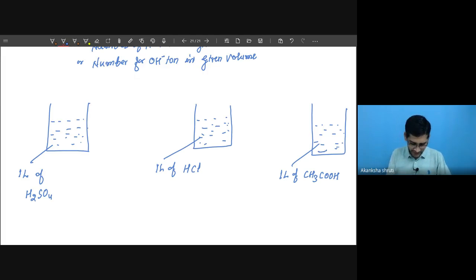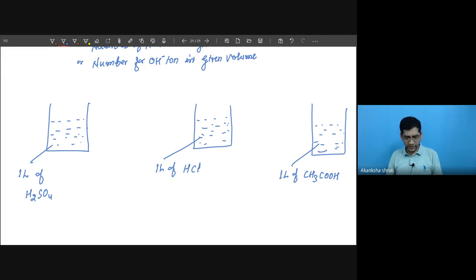Then you will observe that while this H2SO4 is kept, it can give a certain number of hydrogen ions. This ionization is more prominent in aqueous solution.